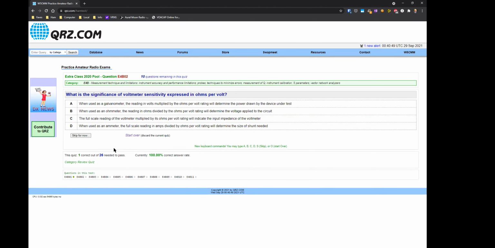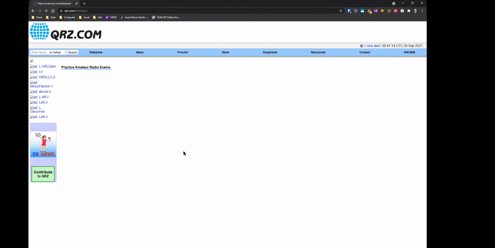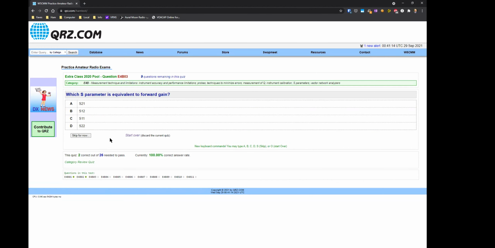What is the significance of a voltmeter sensitivity expressed in ohms per volt? C. Which S parameter is equivalent to forward gain?